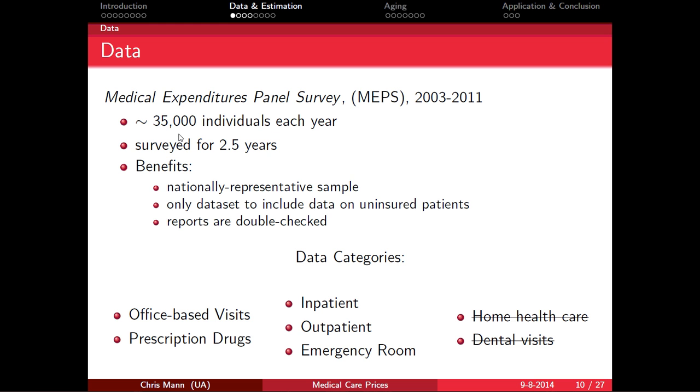So each one of those office visits or prescription drugs or hospital admissions, all of those things have a separate event file associated with them. Right? And so what we're going to do is we're going to focus on 5 of those different types of events. Office-based visits, prescription drugs, inpatient procedures, outpatient procedures, and emergency room visits.